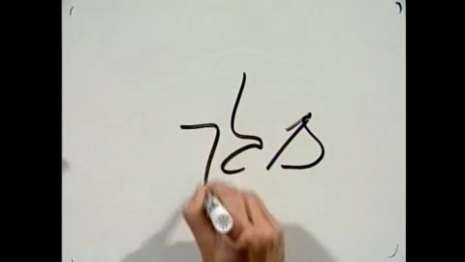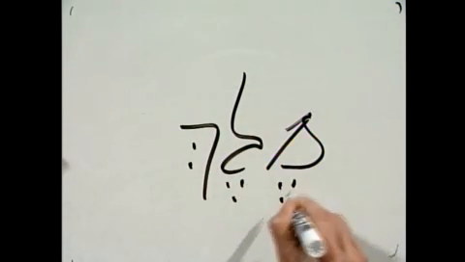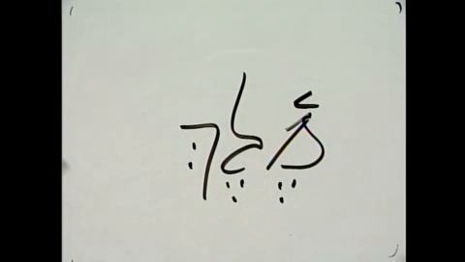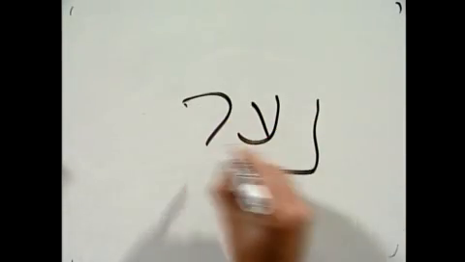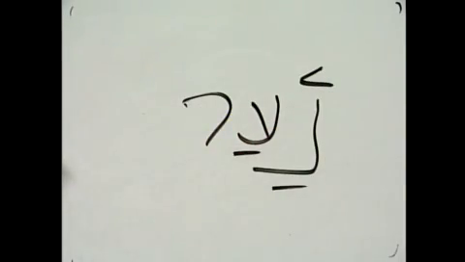Number 3, gutturals have a preference for patach, either under them or before them. So we want to keep that in mind. We have a word like melech. And melech we call a segolate noun, and you can see one of the reasons for this is these segols here. Well, there's a word very much like it, na'ar, which looks like this. This also is a segolate noun.